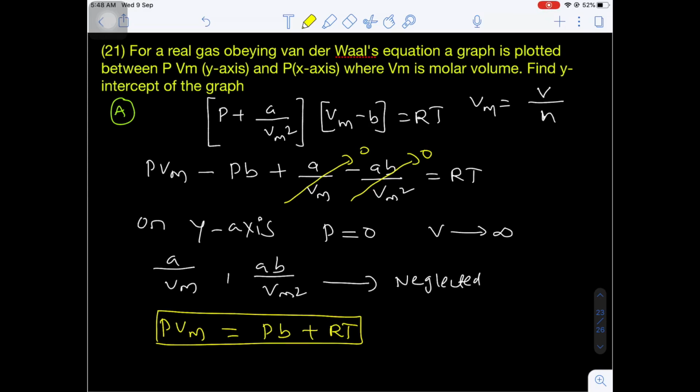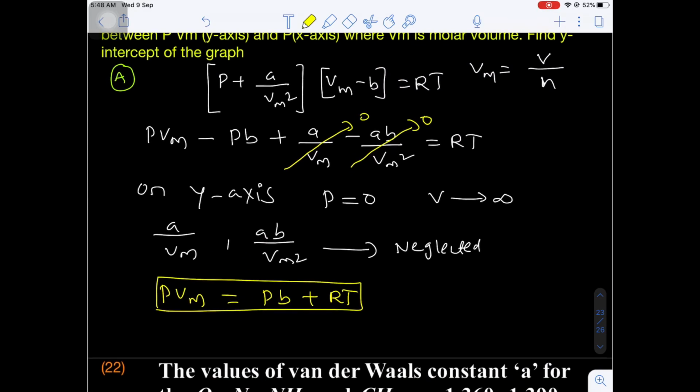Now if you plot a graph, on the y-axis pressure into molar volume, on the x-axis pressure, this is in the form of y equals mx plus c. Actually, here I am writing b into P.